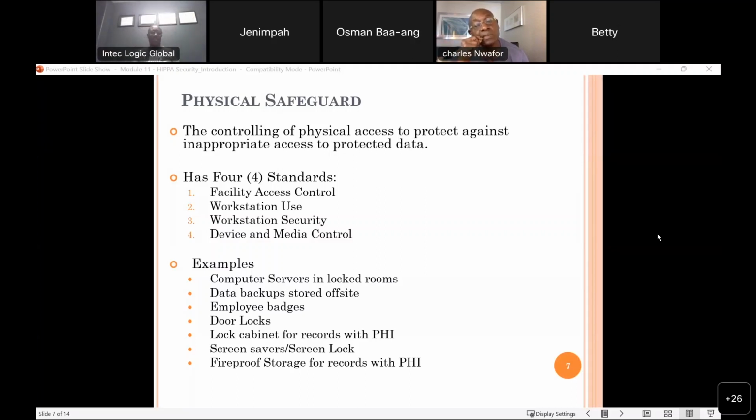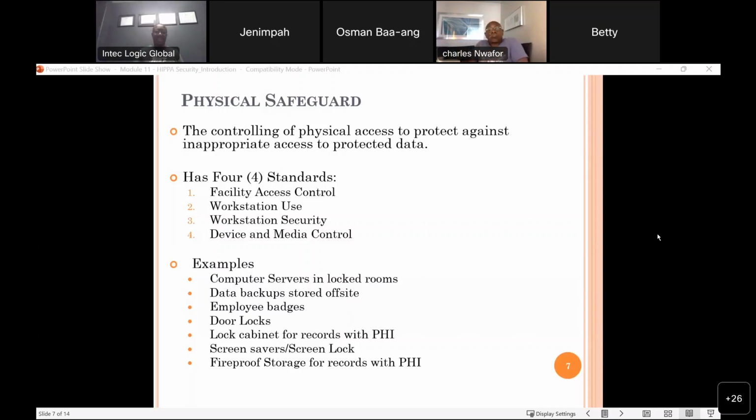An example could be computer servers in a locked room. The supercomputers should be in a locked room. Don't just let it be at a place where anybody can walk and see your servers. Data backup stored off-site. If you have a data backup, don't store it at the primary site. Have it off-site, right?